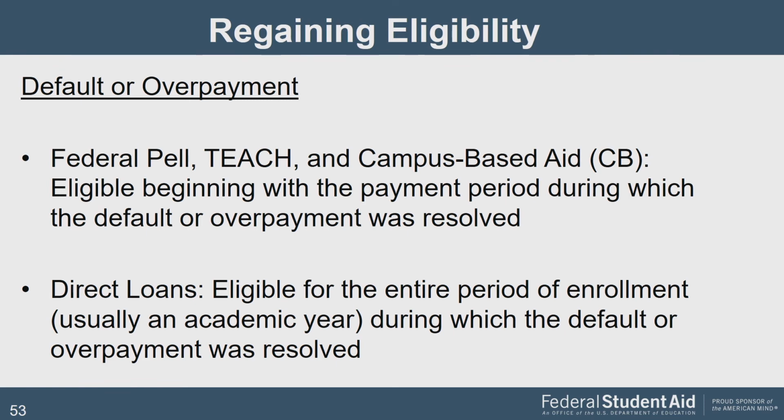If there was a default issue, if there was an overpayment issue that stopped that student from receiving funds, they are allowed to receive Pell, TEACH, and campus-based aid beginning with the payment period that the issue was resolved. When it comes to direct loan funds, they're eligible for the entire enrollment period, that's usually their loan period, that the issue was resolved. They do not have to wait until the next award year or the next loan period. They're eligible right then and there in that period that the issue was resolved.